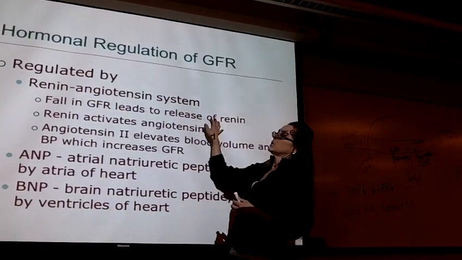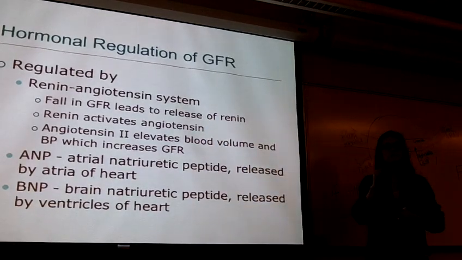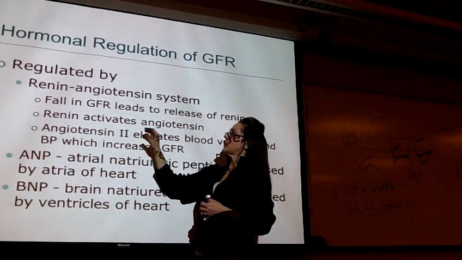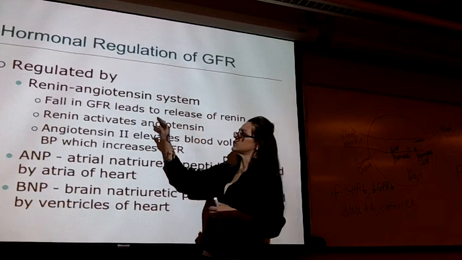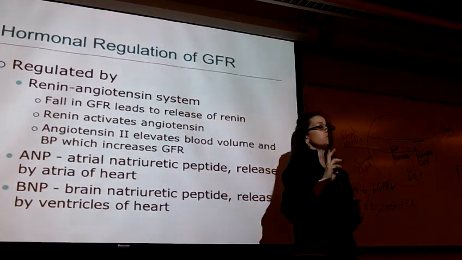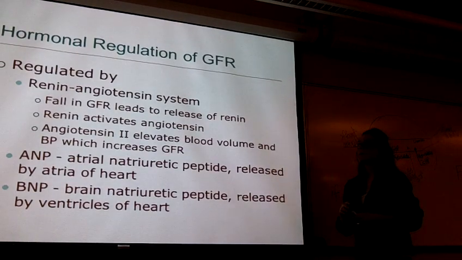That will cause release of renin from that juxtaglomerular complex of the DCT. And renin will activate a chemical called angiotensin and cause it to form angiotensin II. Now, angiotensin II can go do a variety of things in the body.